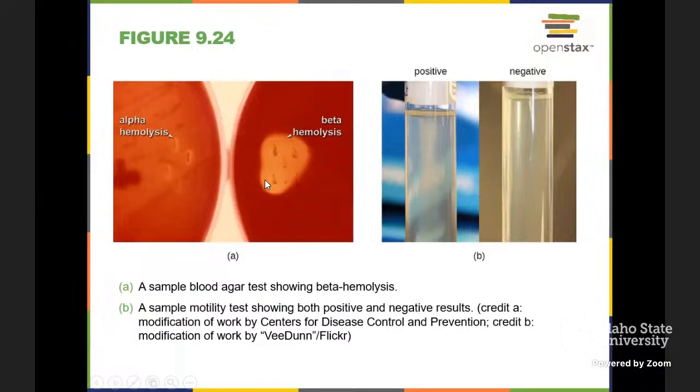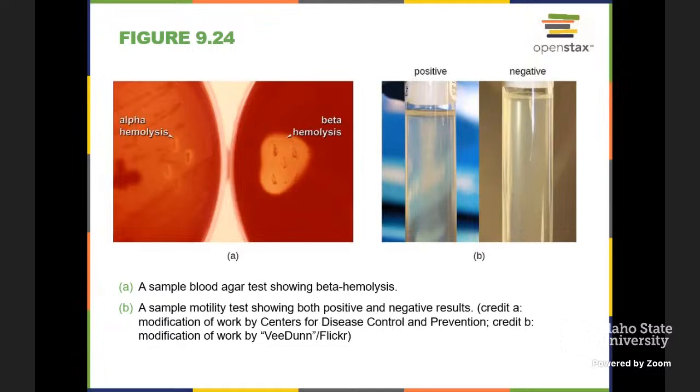All right. So I know you inoculated SIM deeps. They have the potential to show you motility. The M in SIM is for motility. Sulfur, indole, and motility are what those letters stand for in those tubes.